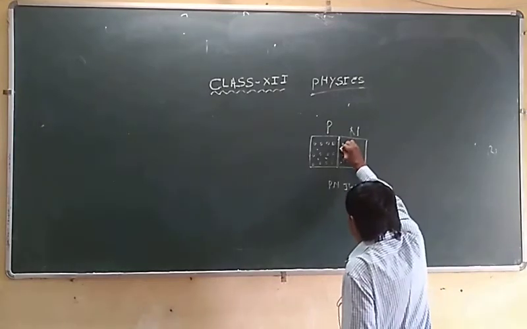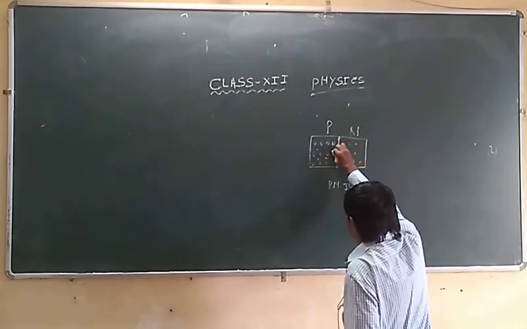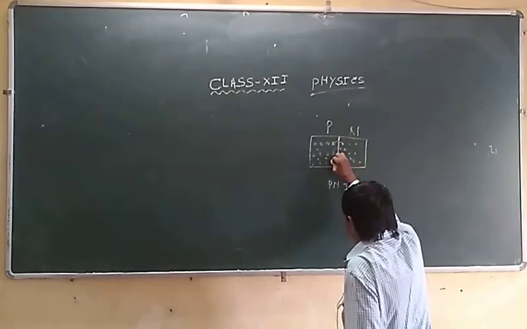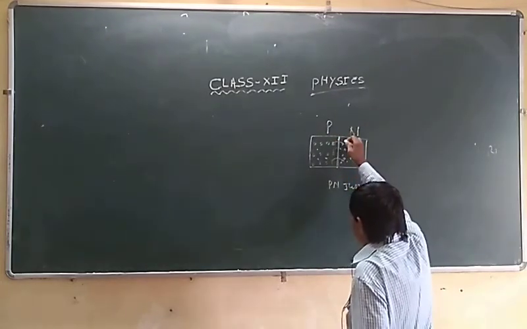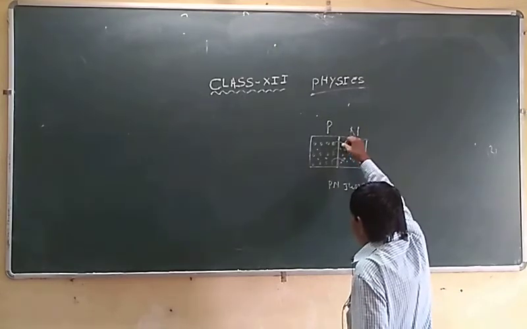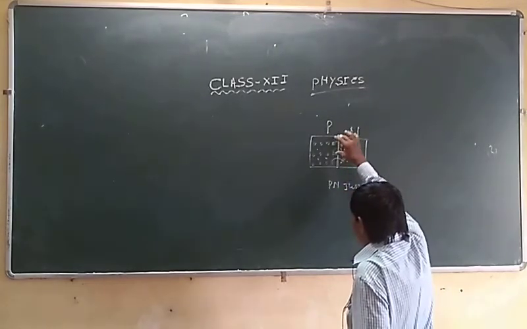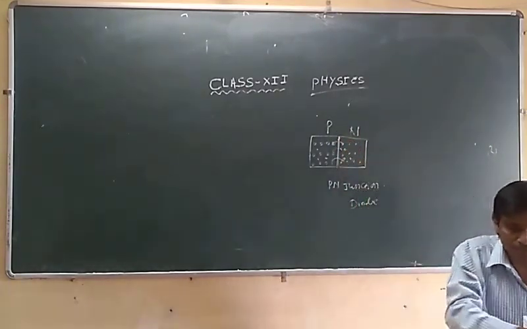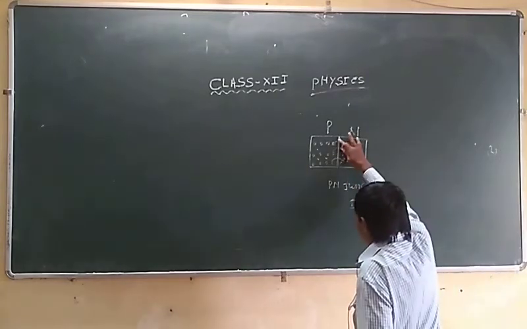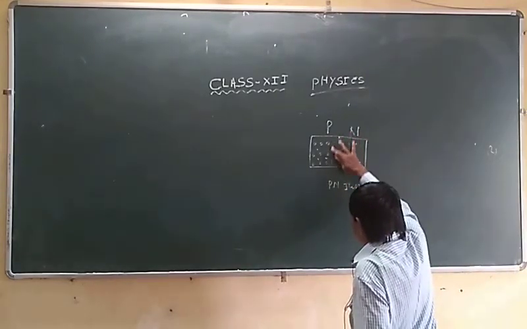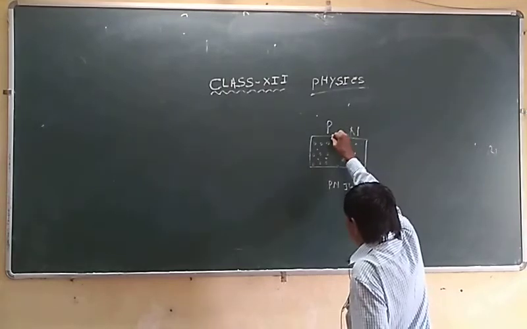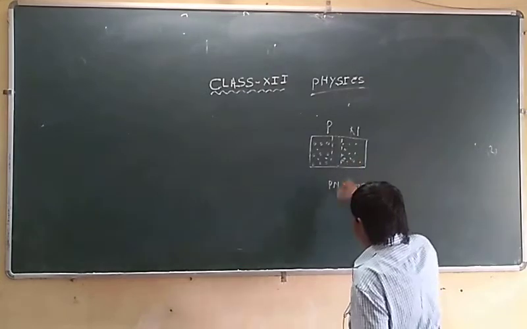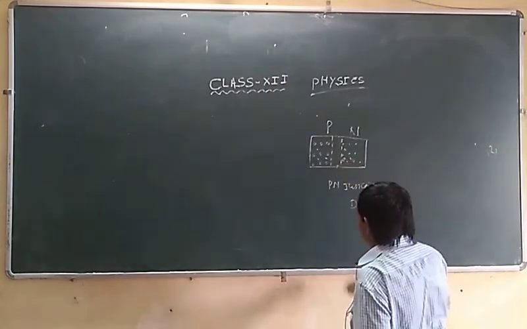This electron is attracted by this hole, this electron by this hole, and this electron by this hole. Then this creates a layer.